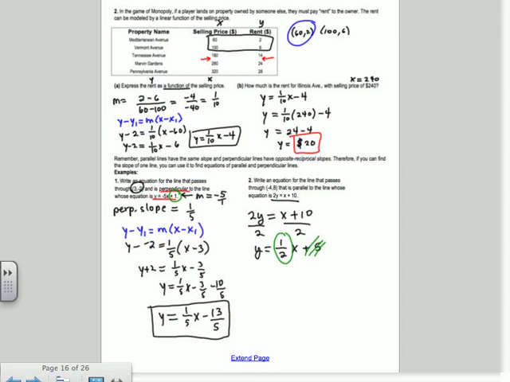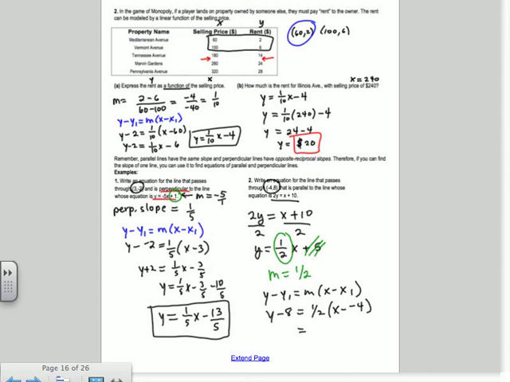We know we're parallel to this original line, so my slope is still 1/2. Same slope. So then I have that slope, and I go through the point -4, 8. So it's y minus y1 equals m times x minus x1. M is 1/2. x1 is -4, y1 is 8.